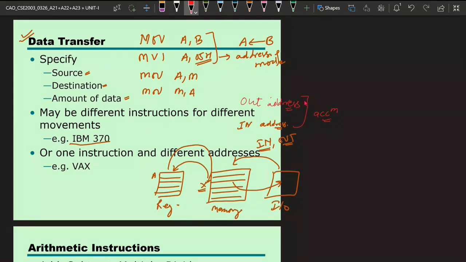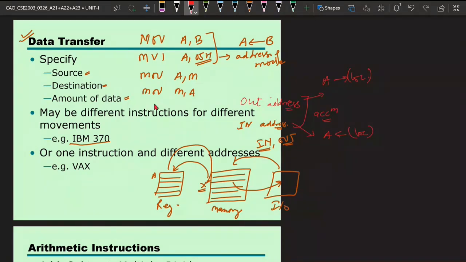So we can just write here: the accumulator to a particular location will be transferred. In case of the in instruction, from a particular location to the accumulator, the data transfer will be taking place. So this is in and out for basically moving the data from one location to another.